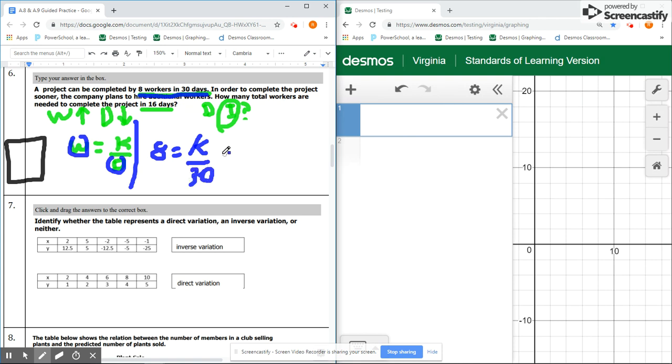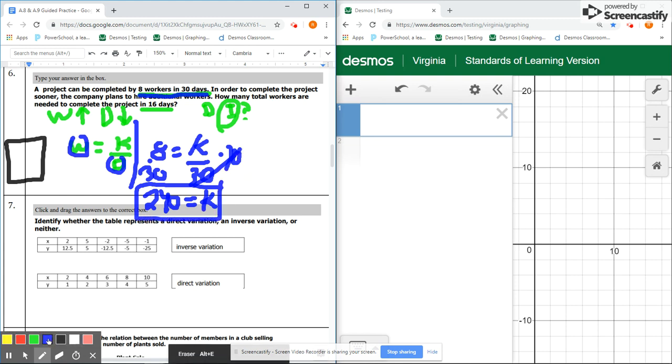Okay, when we solve for K, we're going to multiply by 30. We're going to get 240 equals K, and our 30s are going to cancel. So we know K equals 240. All right, then our last step is how many total workers are needed to complete it in 16 days. So go to your equation. How many workers? We do not know.